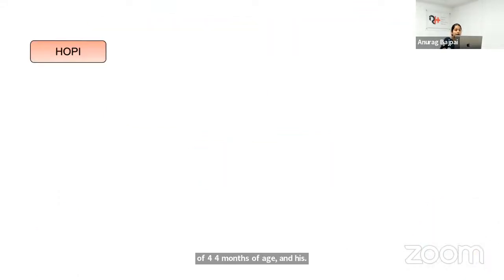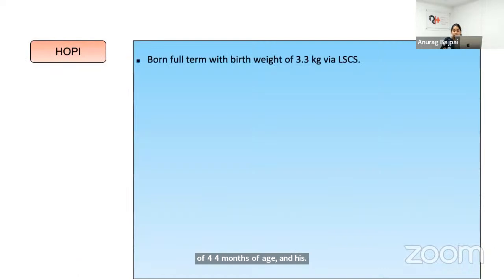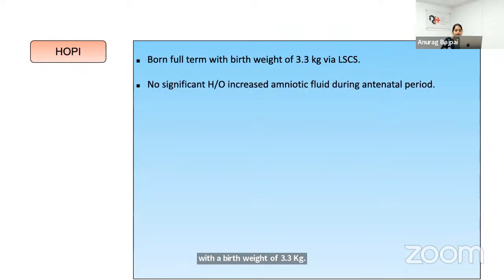Let's start from the beginning. He was born full term with a birth weight of 3.3 kg and he was delivered by a cesarean section. The antenatal history from the mother was that there was no history of any polyhydramnios during the antenatal period.